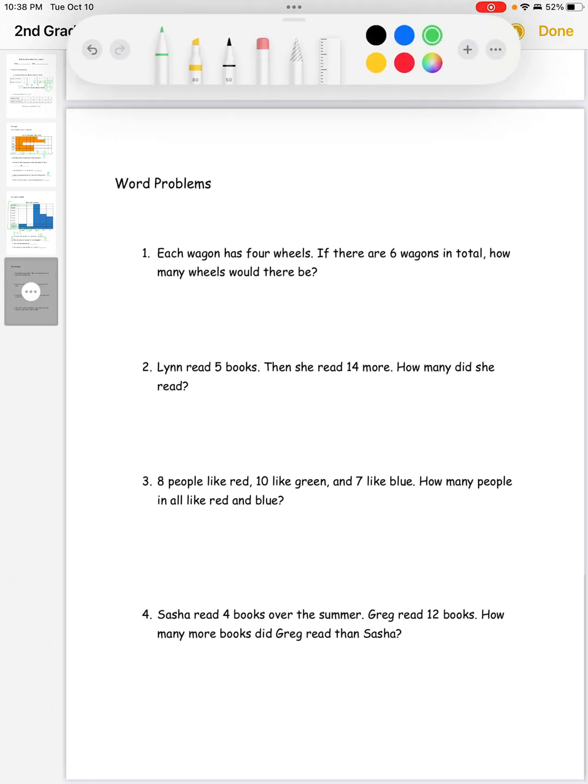Since we don't have enough space for that, we can just say we could add 4 6 times, since each wagon, which means 1 wagon, equals 4 wheels. So 1 equals 4. So we have 6 wagons now.